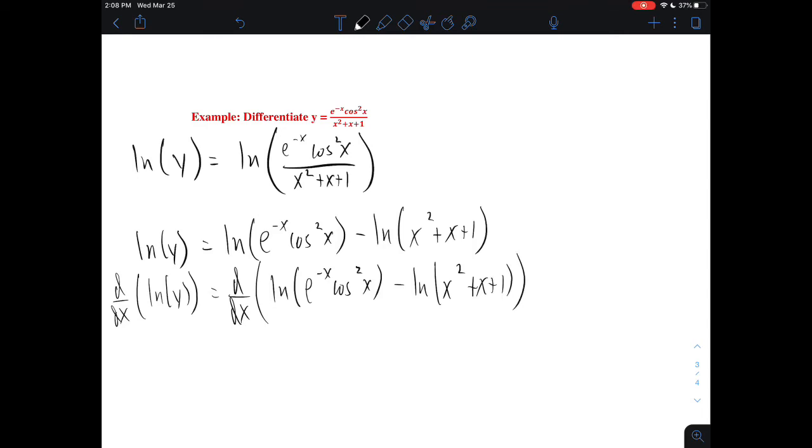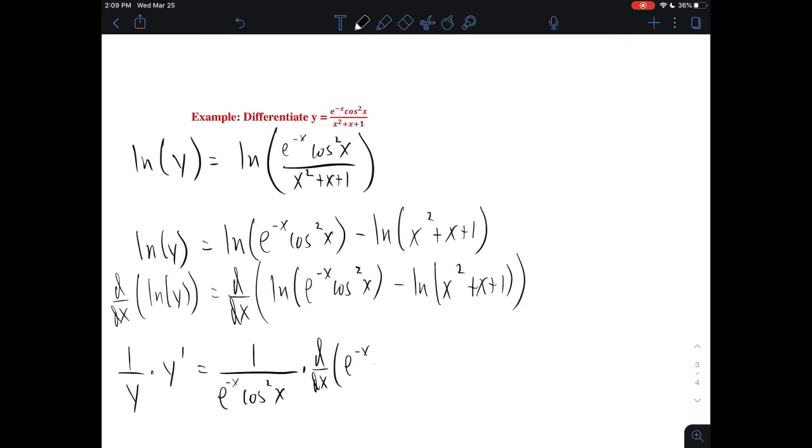So then, as we saw before, the derivative with respect to x of the natural log of y is just 1 over y times y prime. And now, on the right-hand side, I have two natural logarithms, so those derivatives are already going to start with just 1 over what's on the inside. But then I have to multiply by the derivative with respect to x of what's on the inside.